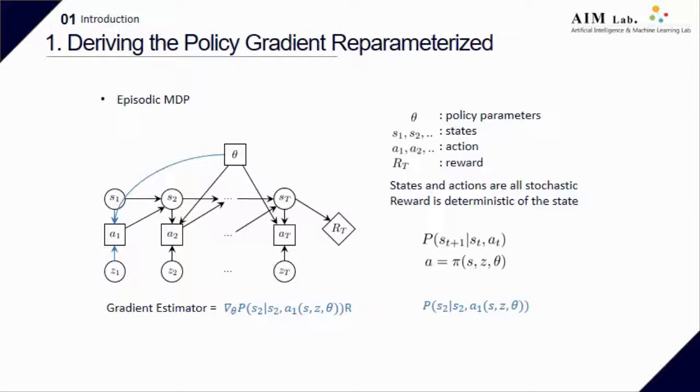In reinforcement learning, we don't assume that we know the model of the system, so we do not need access to the transition model P. But according to this formula, we have to access P. That means it only works if P of s2 given s1, a1 is known. Therefore, if we do not have the dynamics model, we can't use this form to actually compute a policy gradient.